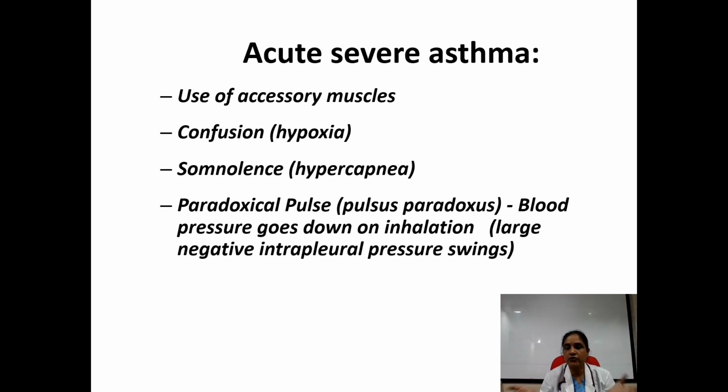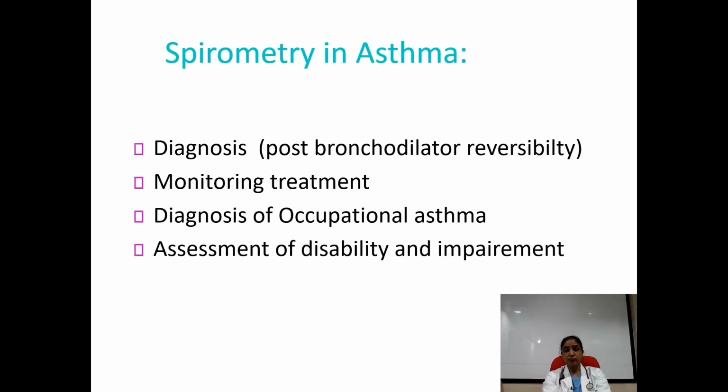I'm sure you know from your MBBS days what is pulsus paradoxus, where the blood pressure goes down on inhalation by more than 10 millimeters of mercury. So these are all the clinical signs of asthma which will help you differentiate a stable asthma from the unstable asthma.